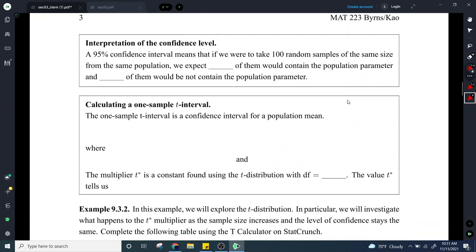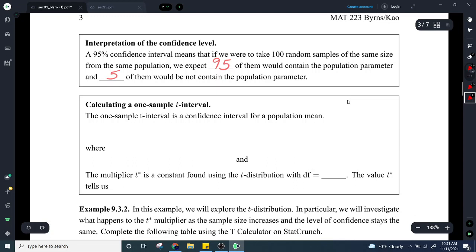All right, a 95% confidence interval means that if we were to take 100 random samples of the same size from the population, we would expect 95 of them to contain the actual population parameter, and 5 of them would not.